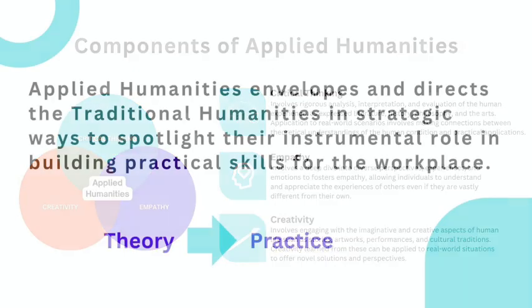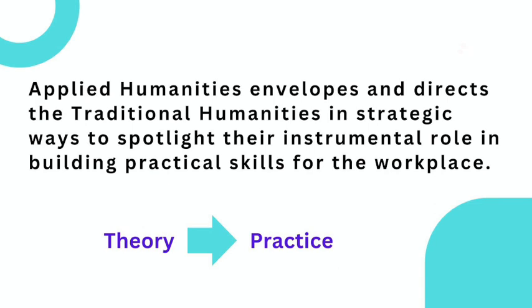So to summarize, the applied humanities develops and directs the traditional humanities in strategic ways to spotlight their instrumental role in building practical skills for the workplace. Essentially, we are looking to take a further step than theoretical exploration and into practical application.